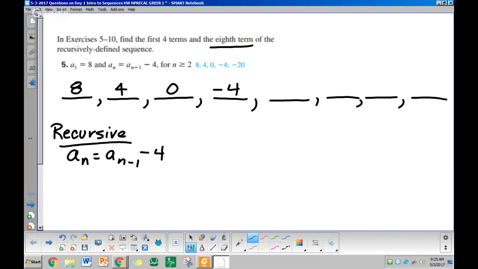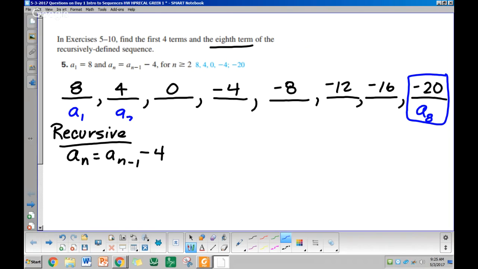All right, so subtracting, negative 8, negative 12, negative 16, negative 20. So our answers are, this is a sub 8. That's the number in the 8th spot. And these are the first 4 terms. Okay, sorry, book has a typo there.